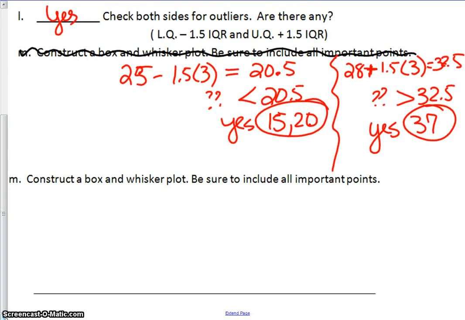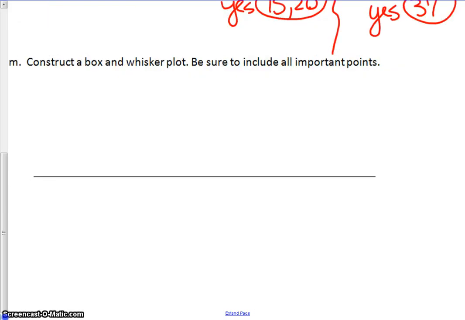Now, traditionally, and if you didn't do this, I don't think I'd count it wrong, but when constructing the box and whisker plot, I started here at 14, and I went 14, 16, 18, 20, 22, 24, 26, 28, 30, 32. Oh, I probably needed to go smaller. I'll figure it out.